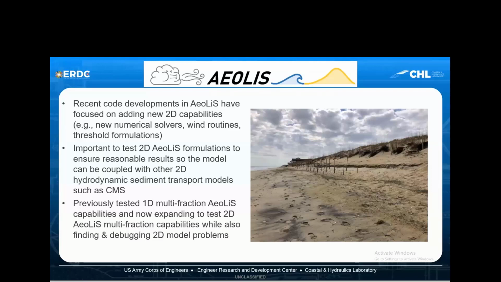While we were doing this, we were finding and debugging some of the problems in the 2D model, which is important so that we're able to couple this model with other 2D hydrodynamic sediment transport models such as CMS. So we want to make sure that we're getting reasonable results in the Aeolian regime before we start to couple it with hydrodynamic models as well.